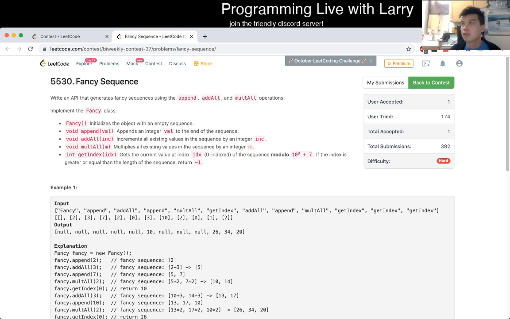Let's see. Multiply. Just two binary index trees. Is that right?